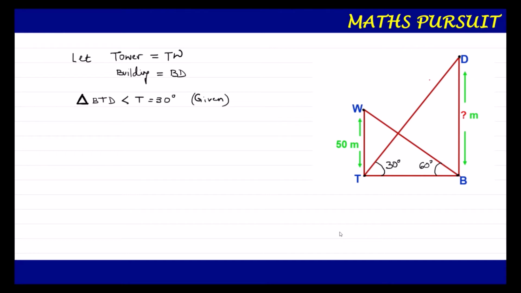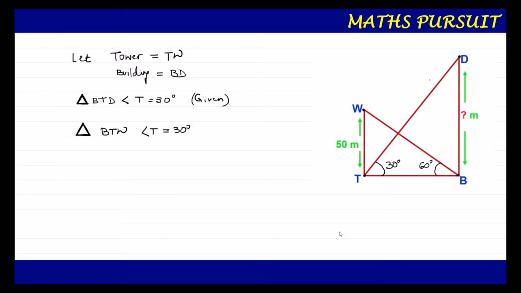The other important thing being given is, if you focus on the other triangle, that is BTW, angle T is equal to 30 degree.